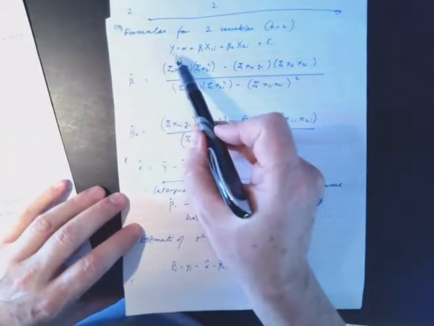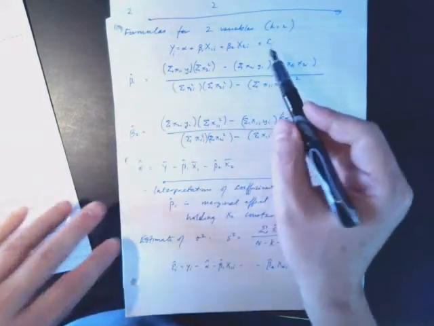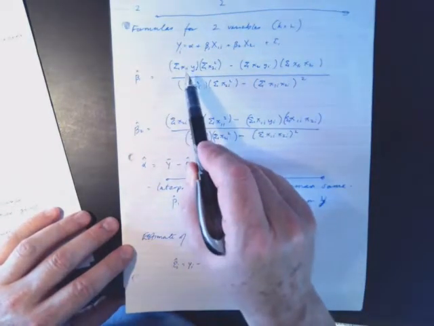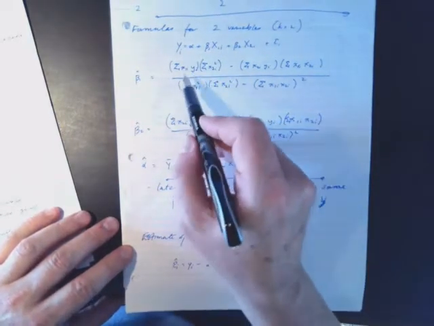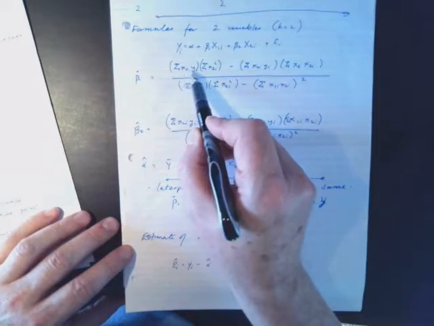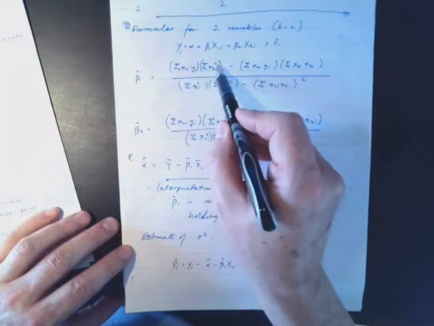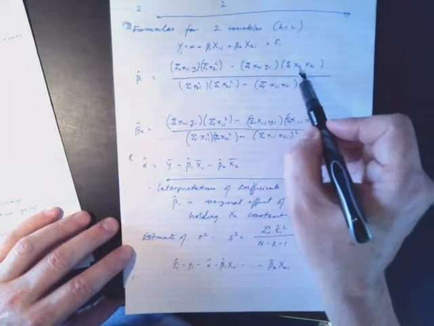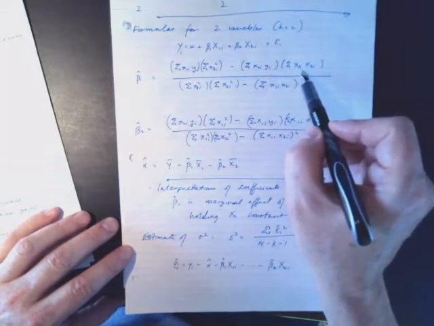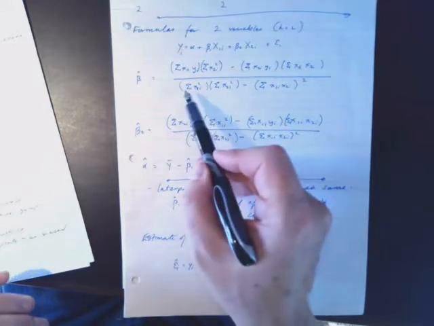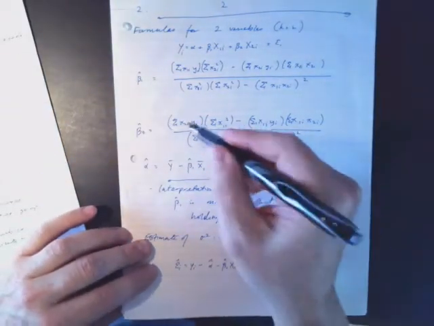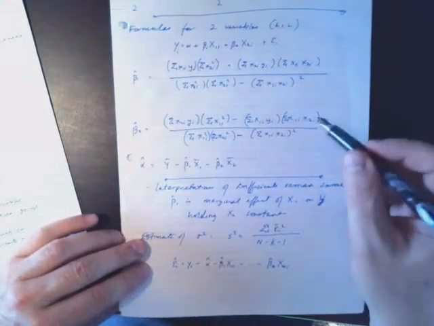So we have a two-variable regression, and then the formula for beta 1, these are all little x's and little y's. It's the sum of little x1 times little y times the sum of x2 squared, minus the sum of little x2 times y times the sum of little x1 times little x2, divided by this expression here. And then beta 2, well, that's the expression there.